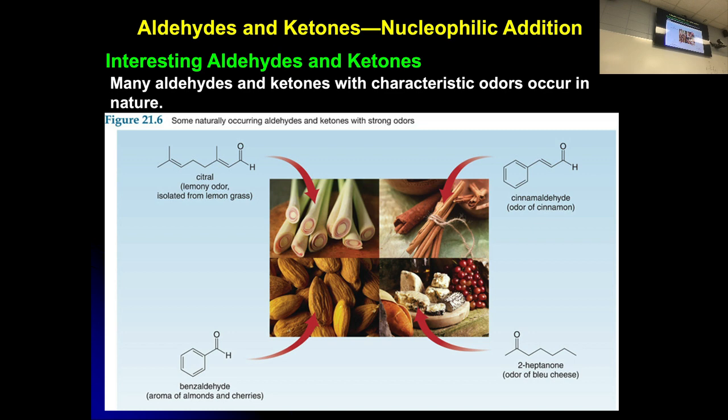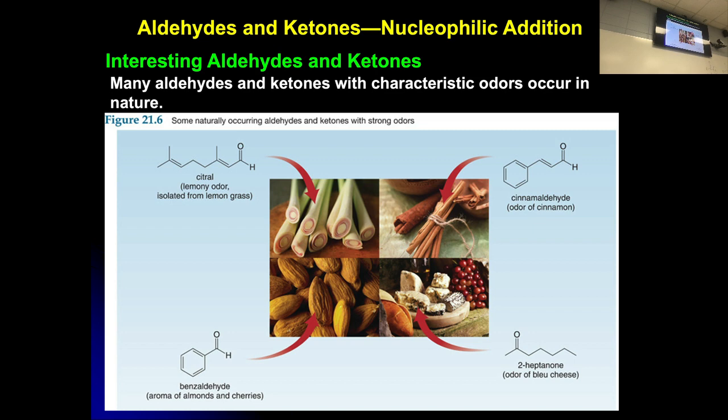Is there any symmetry that's going to make one side equal to the other? No, not really. So I'm going to see 1, 2, 3, 4, 5, 6, 7, 8, 9, 10 unique carbon signals for citral.